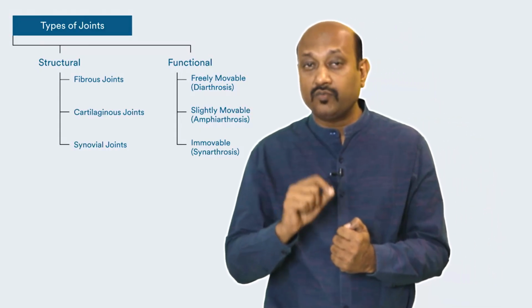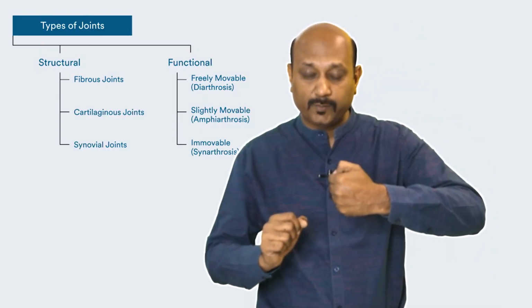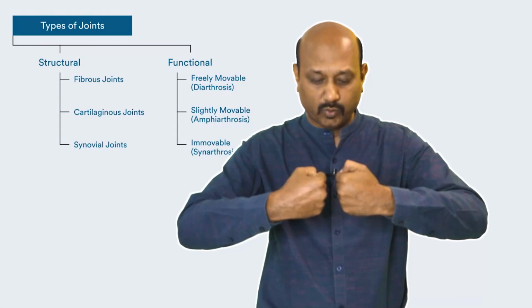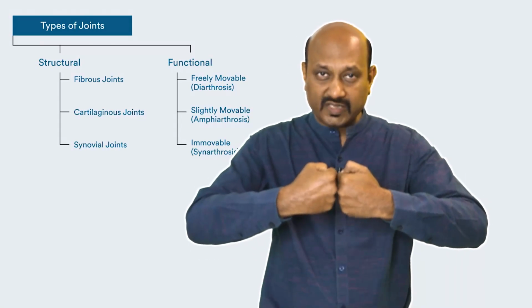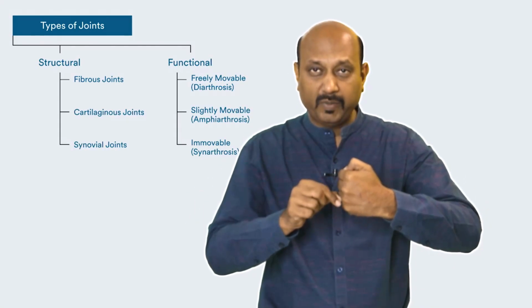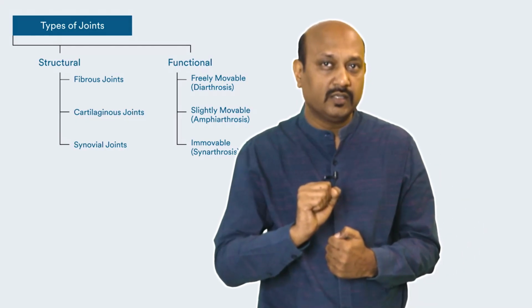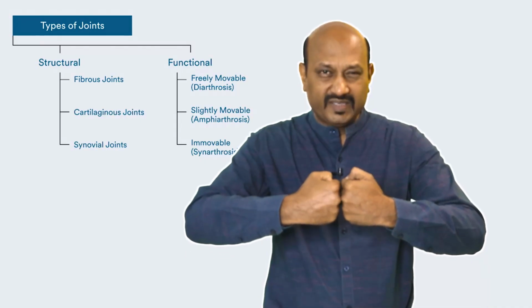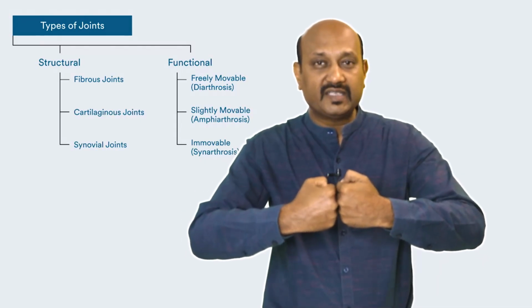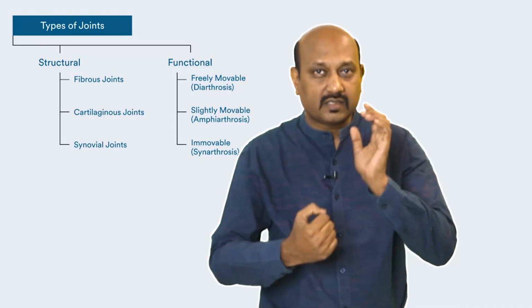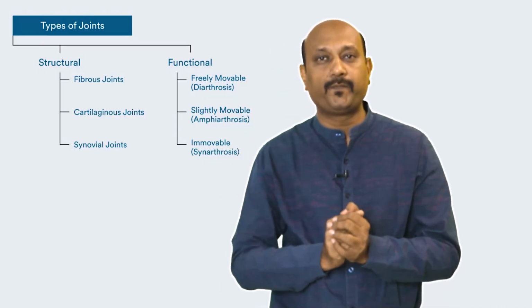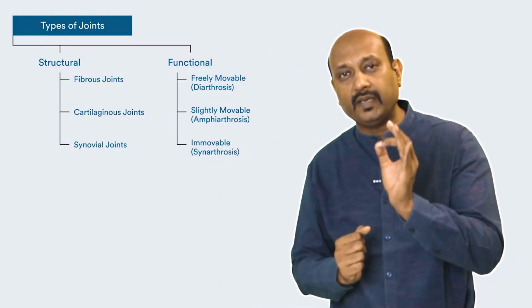In the next condition, what will happen? Suppose this is one bone and this is another bone. Both bones are making a joint, and in between the bones we just put a small piece of cartilage. So what will happen? There will be very little movement, very slight movement, and this type of joint is known as amphiarthrosis.